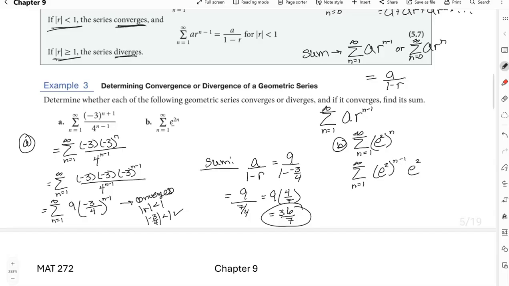Let's see if that works. If I were to multiply this out, power to a power, we multiply the power. So this would be 2 times n minus 1. And then when we multiply and we have the same base, we would add the exponents together. So we would have 2n minus 2 plus 2, which gives me that 2n exponent that I wanted. So there's my rewrite.